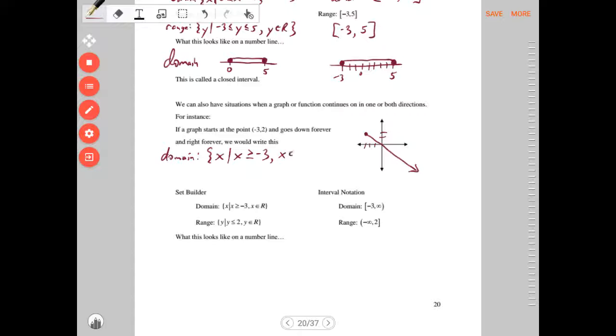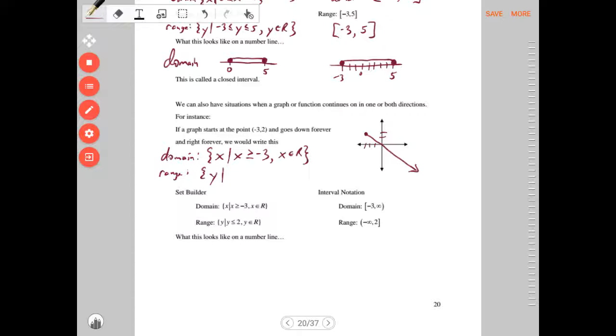We are all the numbers, as long as we're bigger than -3. So it's continuous, so x is an element of the reals, and close our curly brackets. Perfect.